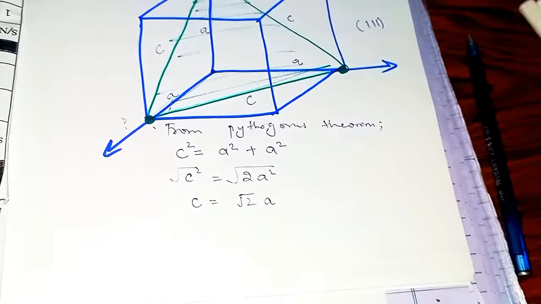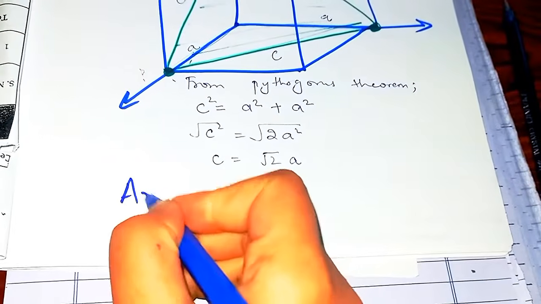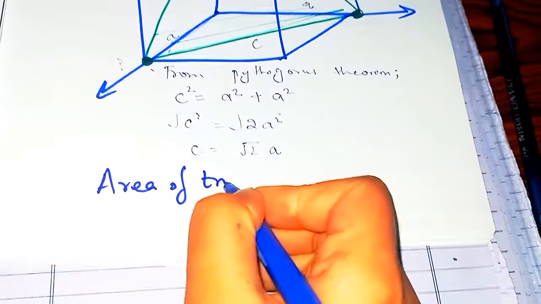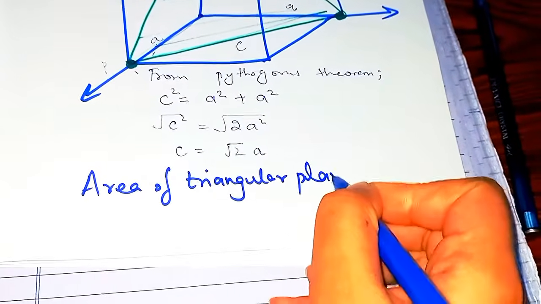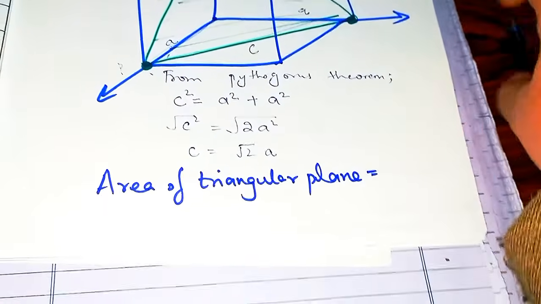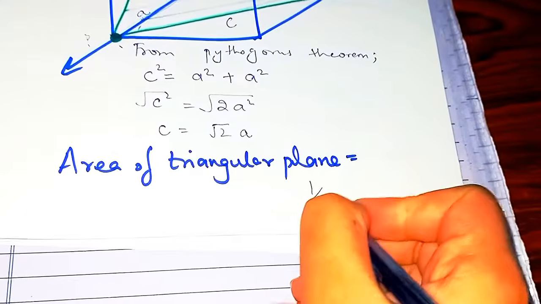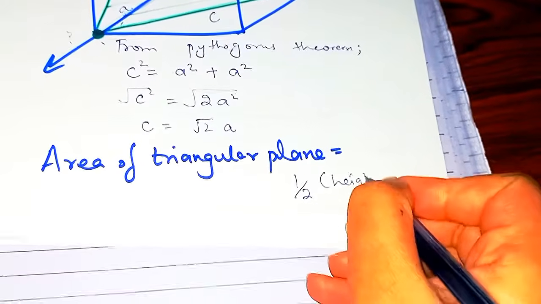Now let's see what formula we use to calculate the area of the plane. Area of the triangular plane equals 1/2 height into base.